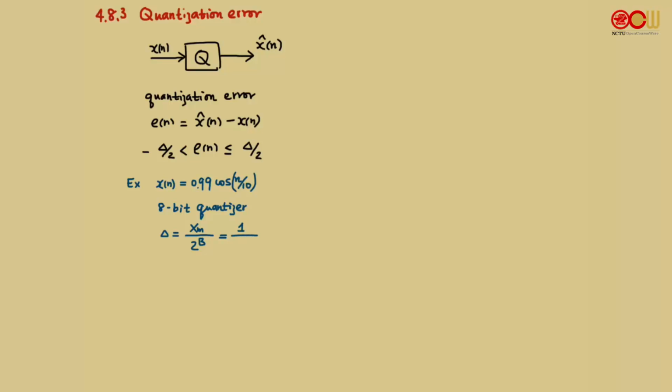And for an 8-bit quantizer, b is 7. It would be 1/128, and half delta would be 1 over 256. This is around 0.0064.